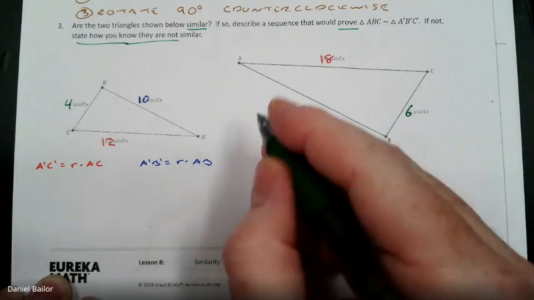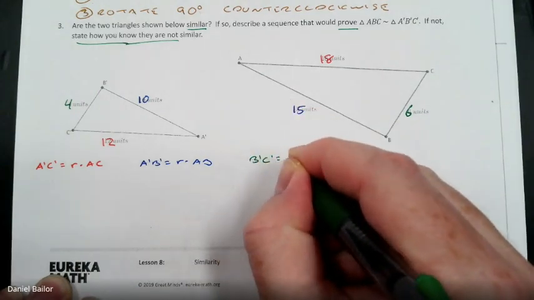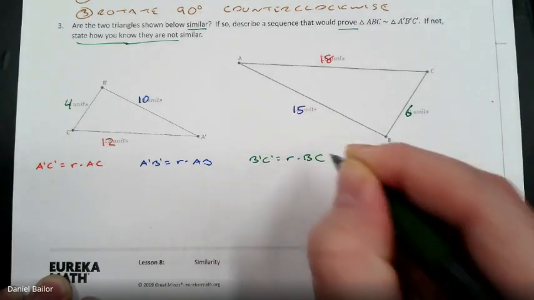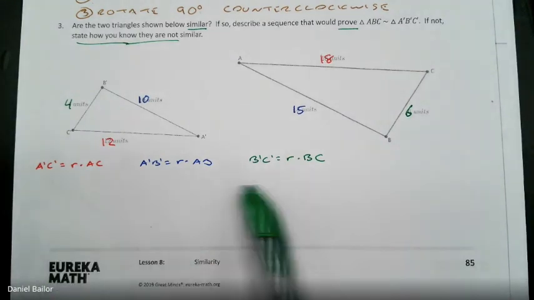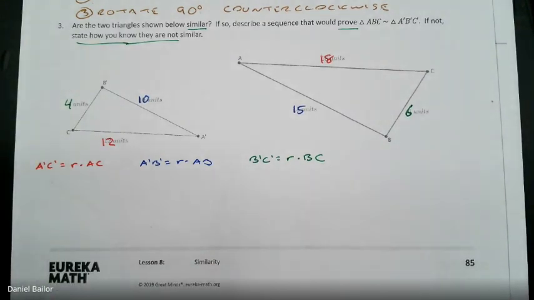And we need B prime C prime to see if that's true. If all three of these dilation equations have the same scale factor, then they are similar. They all have to have the same scale factor to be similar.